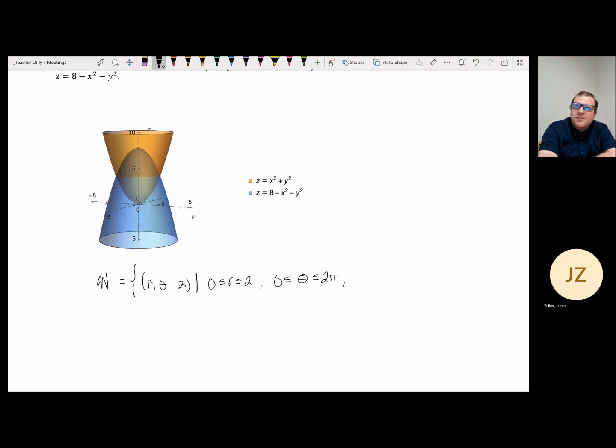From the orange up to the blue. But we need to write that in cylindrical.